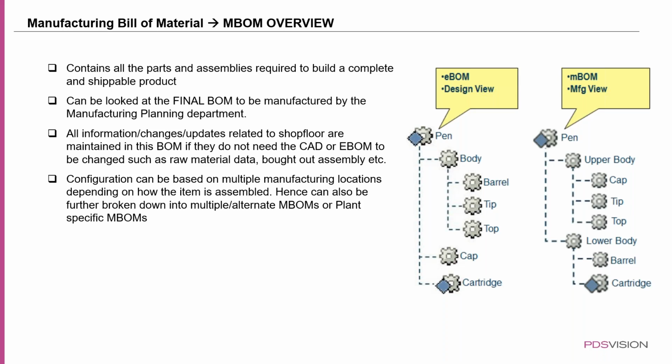I mean, it can have different types of information such as the raw materials, resources present at the shop floor, and the M-BOM can eventually also be broken down into different plant specific views. So you can also have different structures for one MBOM or alternate ones. So this is an idea of what a manufacturing bill of material is.